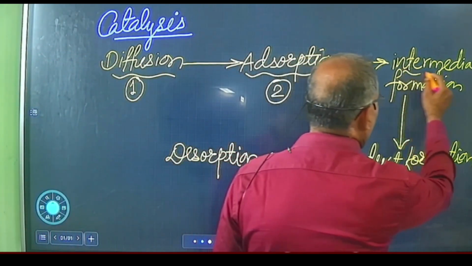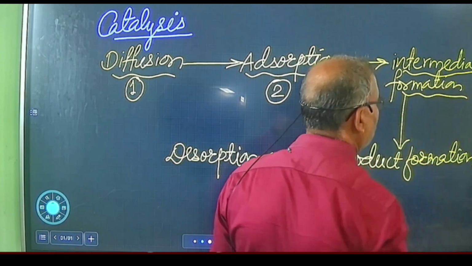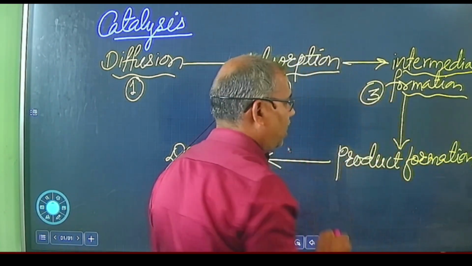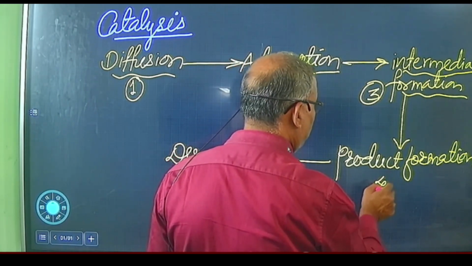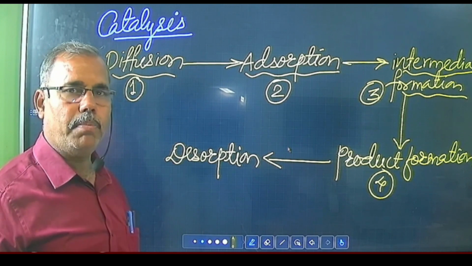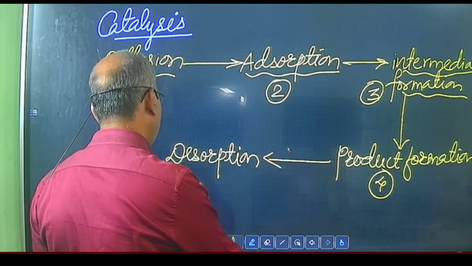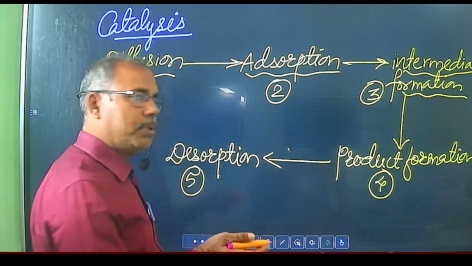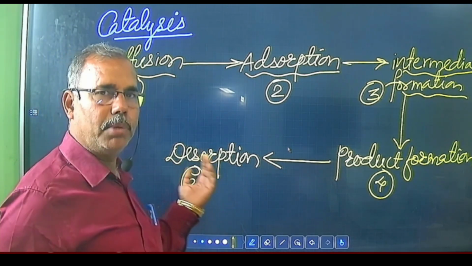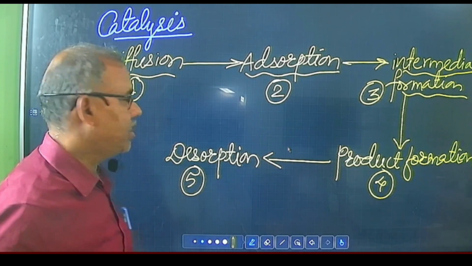Third step, formation of the intermediate on the surface of the catalyst. Fourth step, formation of the product on the surface of the catalyst. And lastly, fifth step, desorption of the product from the surface of the catalyst, that is, leaving of the product molecules from the surface.